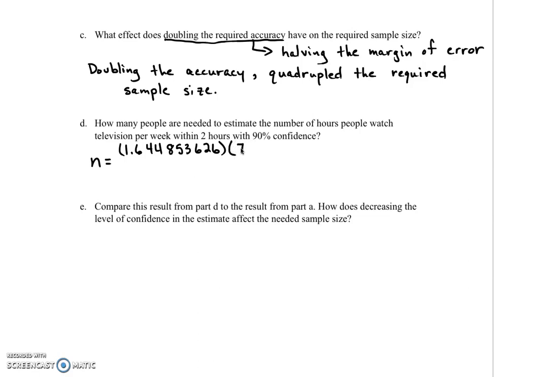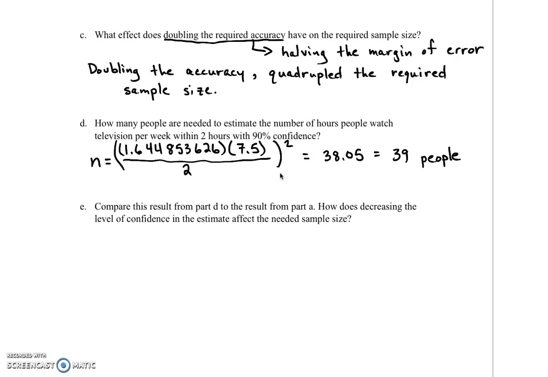Our sample standard deviation is still 7.5. Our error is back to 2 hours. And we need to square all of that. And when we do, we end up with needing a sample size of 39 people.